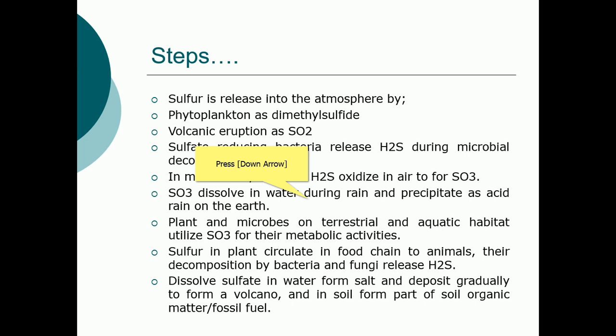So they release these sulfates that have been attached to rocks or to the soils into the environment. When they get into the environment, they get solubilized and taken up by plants, and then from the plants, animals get theirs after eating the plants. That's when it goes through the food chain.